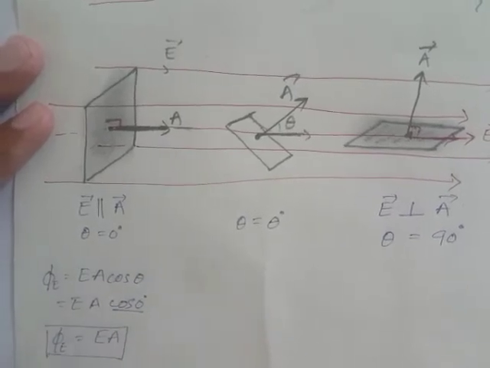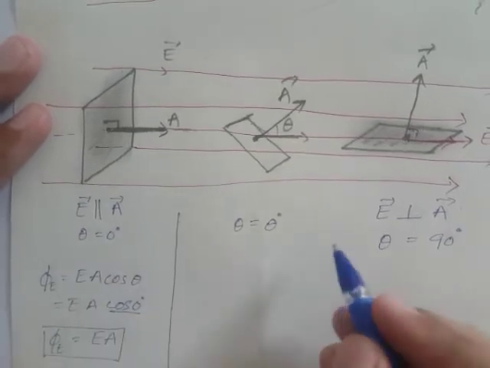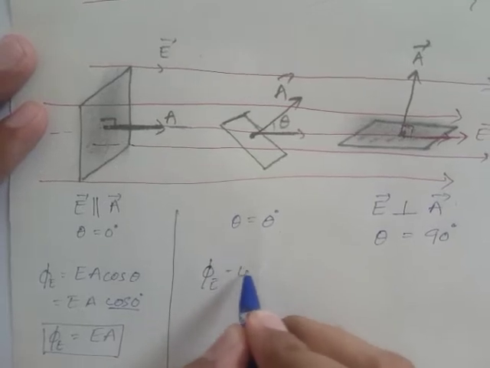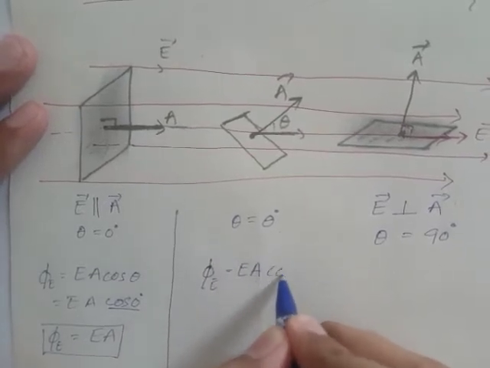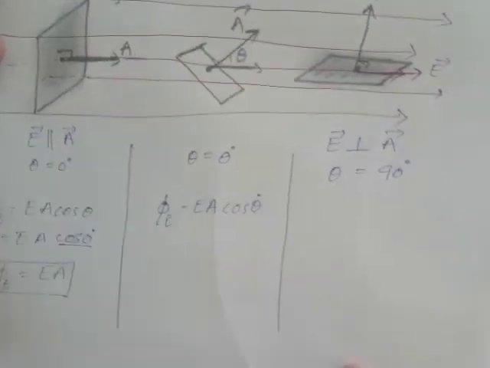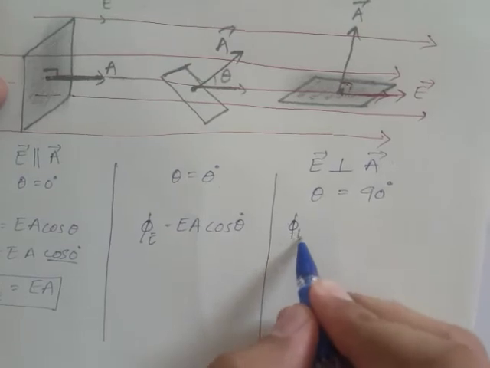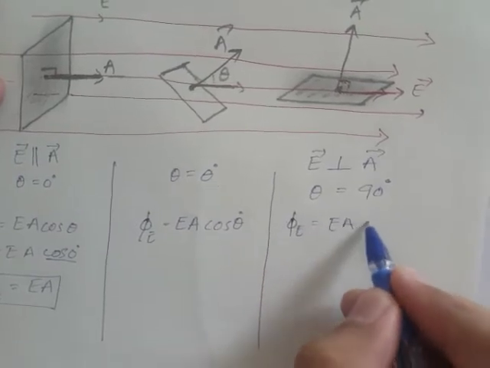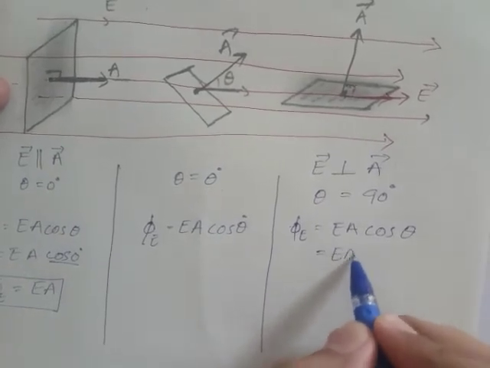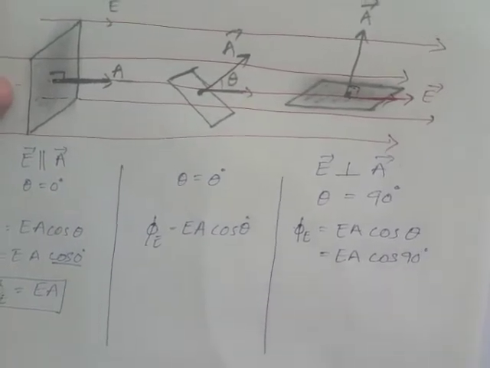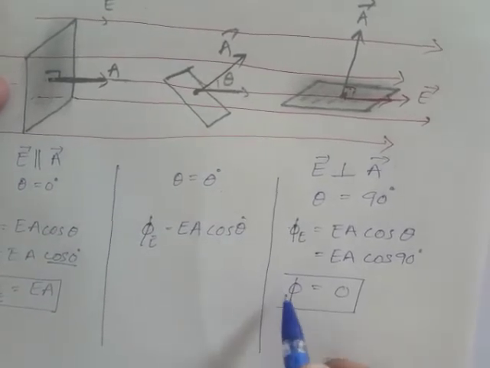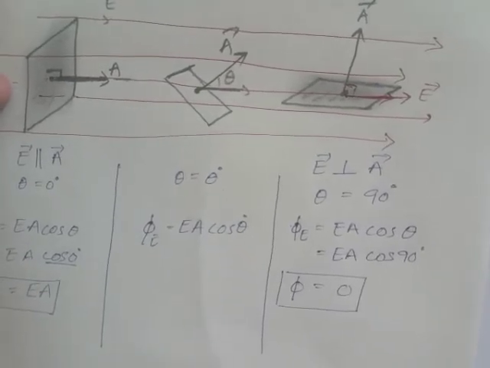Now in the second condition it is theta, so the flux linked will depend on theta. It can be written as EA cos theta only. And for the third one, if we take the electric flux EA cos theta, the value of theta is 90 degrees, EA cos 90 degrees, and cos 90 is 0, so the whole term is 0. So the minimum flux linked is 0.